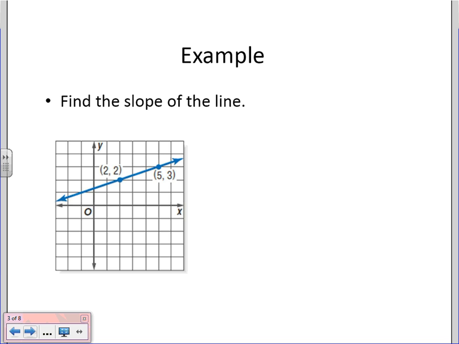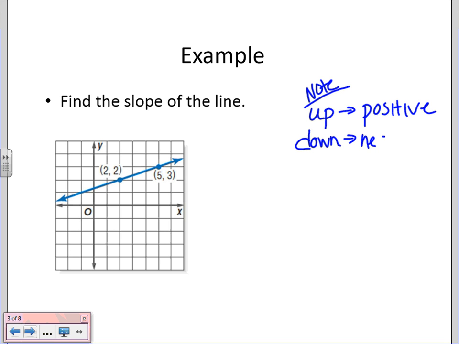Okay, here's our first example. First of all, I want to talk to you a little bit about the positive and negative directions before we get into this example. So over here, I want you to make a little note. Whenever we move in the direction up, that makes it positive. Whenever we move in the direction down, we are going in the negative direction.